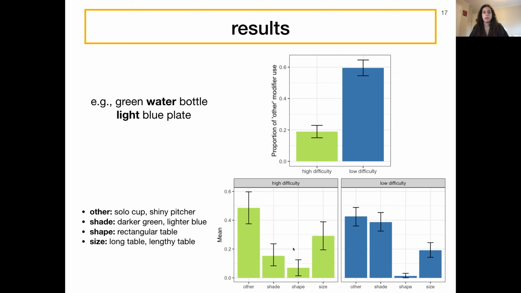The full data pattern with color, material, and these manually checked modifiers revealed that when material was the redundant feature, participants only mentioned the color. And when color was the redundant feature, they either produced color and material utterances or they over-modified with color and used the modifier denoting a property other than color or material. So participants strongly dispreferred mentioning material.